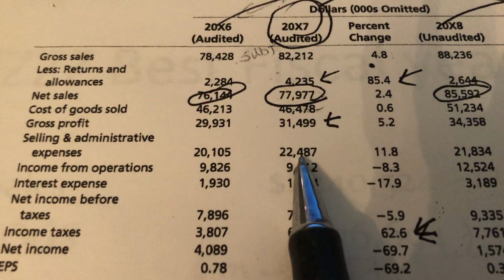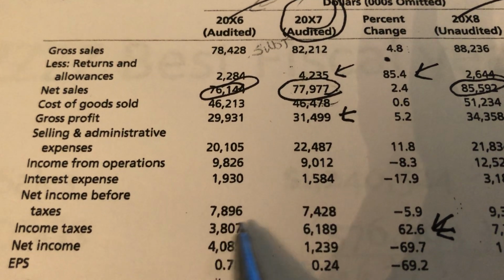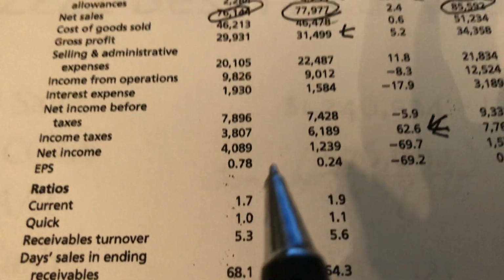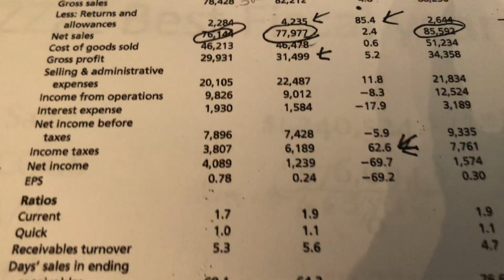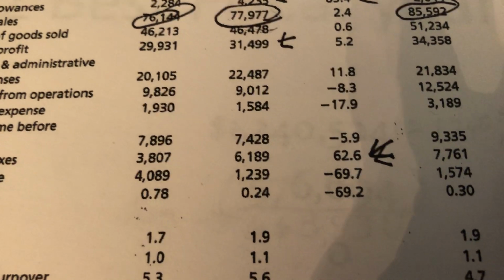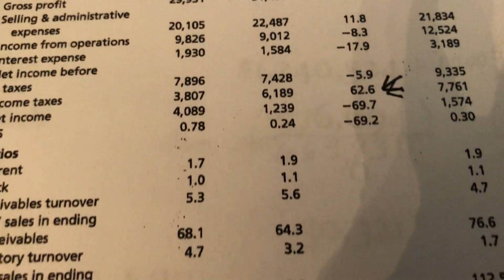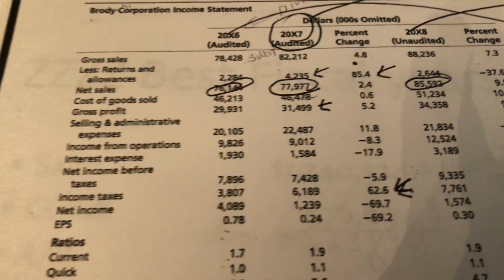Selling and administrative expenses, maybe not huge, but it did increase. So many of your expenses increased, and the primary thing was it looks like your income taxes increased a good bit. So investigate that. Look, there was a 62% change there in your taxes. Okay, so that's what we're calling trend analysis.